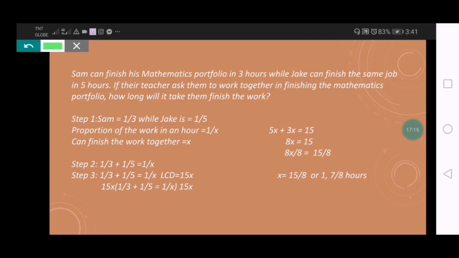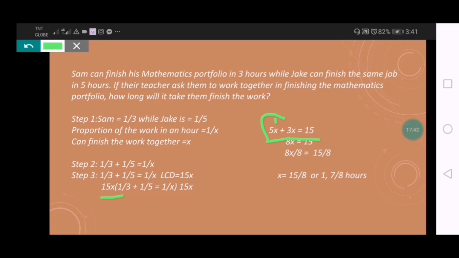We have here now 5x plus 3x is equal to 15. So 15x times 1 is equal to 15x, divided by 3, we have 5x. That's why we have 5x here.